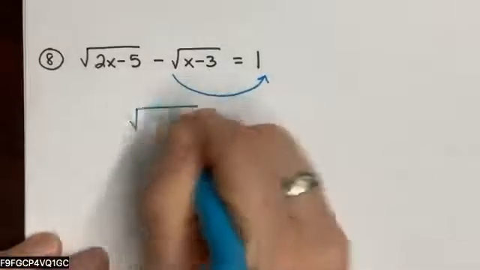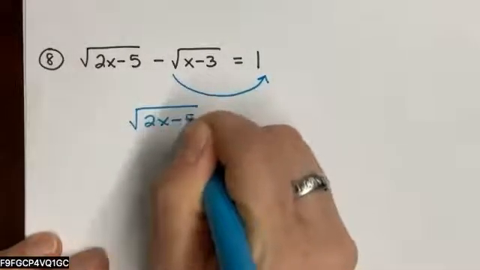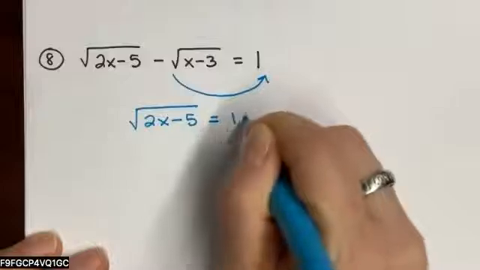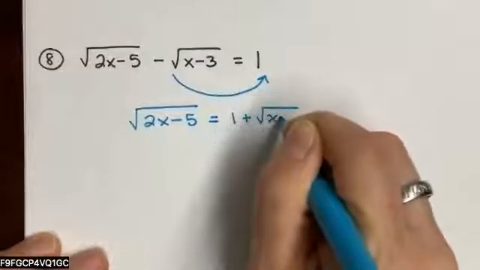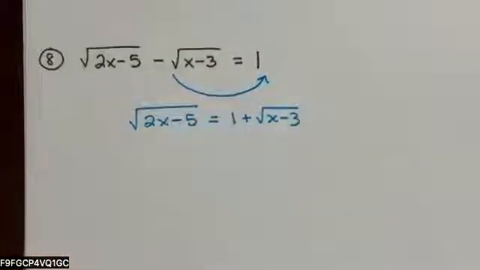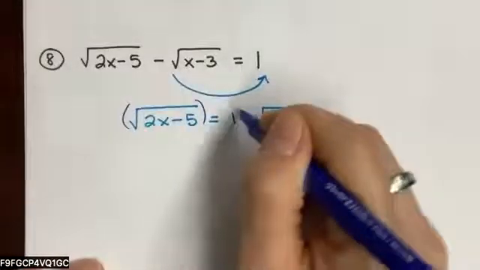Think about them like kids that fight. They can't be on the same side. You got to split them up. Don't ever let two radicals stay on the same side. Split them up. And then it's time for the squaring routine.